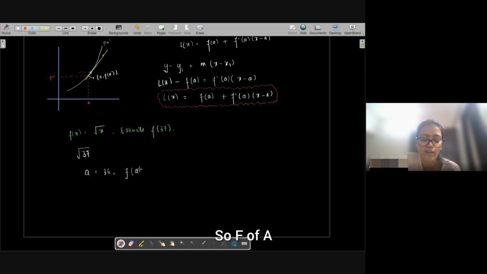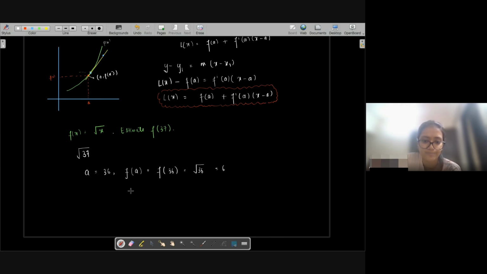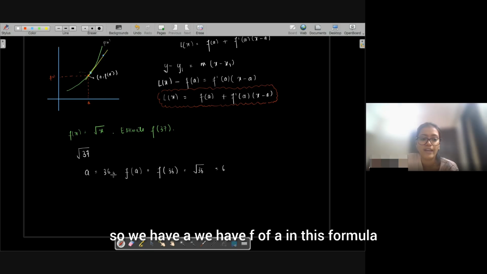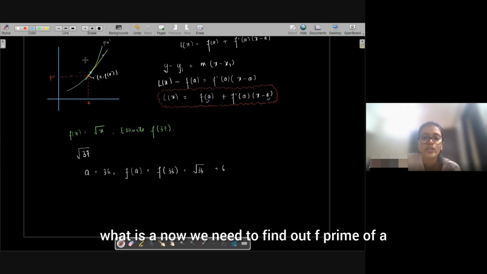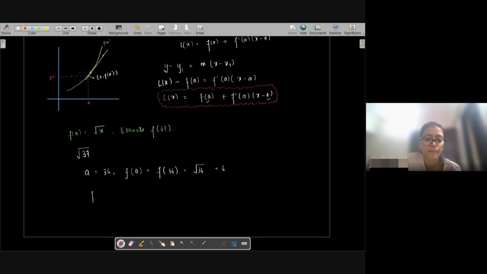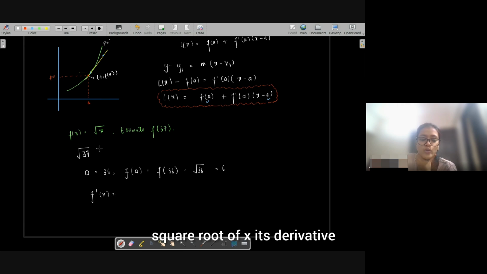So f of a, which will be f of 36, is square root of 36. So that is 6. So we have a, we have f of a in this formula. We know what a is. Now we need to find out f prime of a. So first you can find out f prime of x. Square root of x, its derivative.